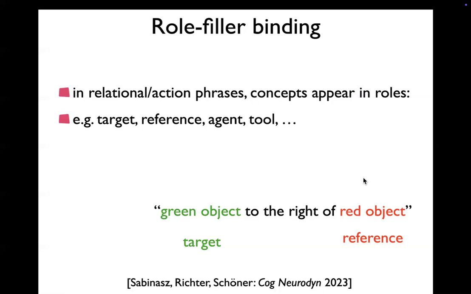Here you have an agent that acts, and it acts on a target, for instance, like I paint a wall, and so I being the agent, and the wall is then the patient. Or I could have a tool. I paint a wall with a brush, and so the brush is now used in a particular role. But in other instances, I could say, I grasp the brush, and now the brush is a target, while if I do something with the brush, it is a tool, and so on.